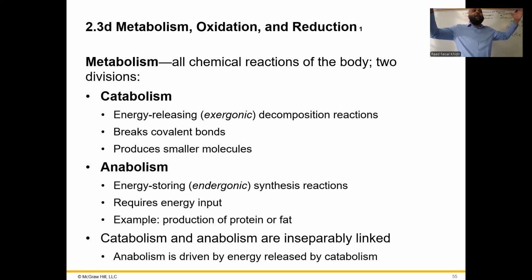You need to know that fats are macromolecules. They are made up of little micromolecules. What are the micromolecules that make up fats? Free fatty acids and glycerol. Excellent. What are the micromolecules that make up proteins? Amino acids. Excellent.